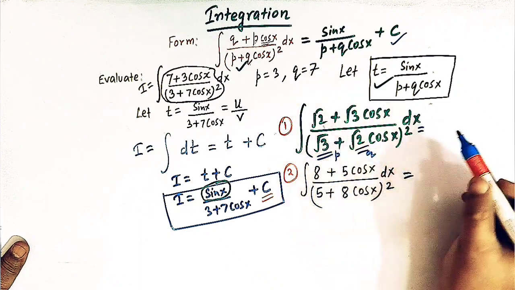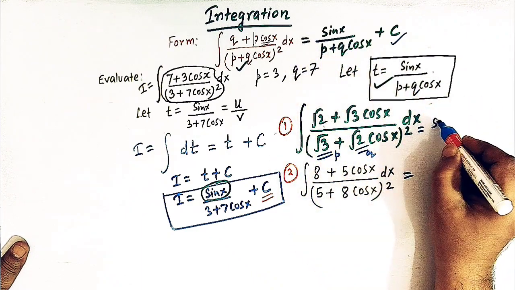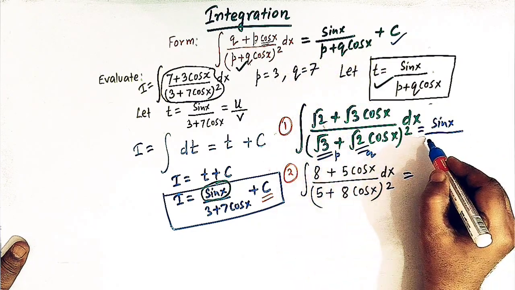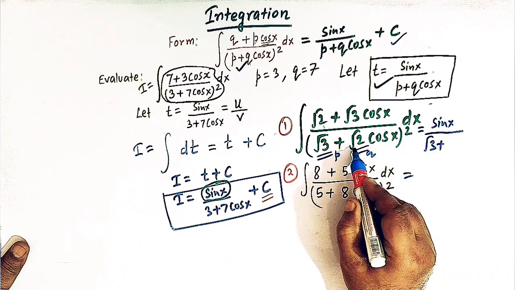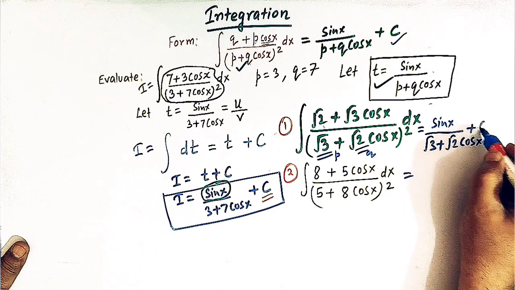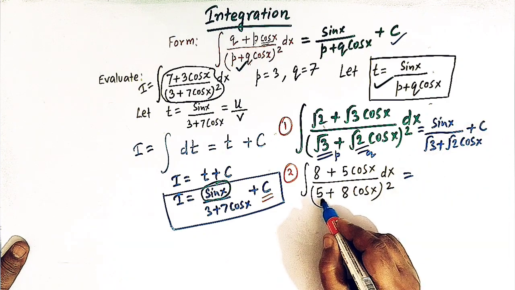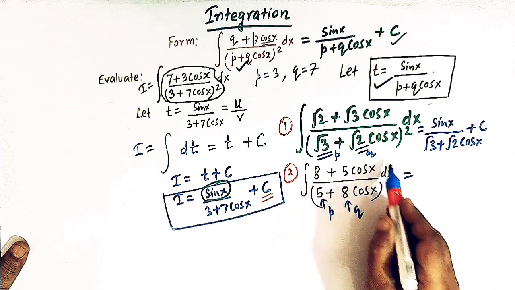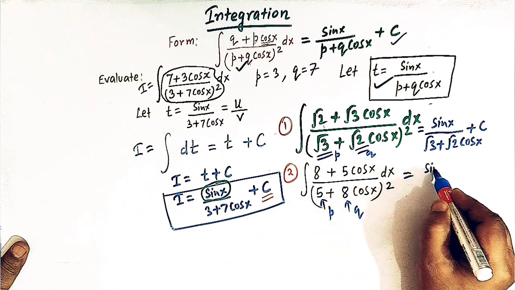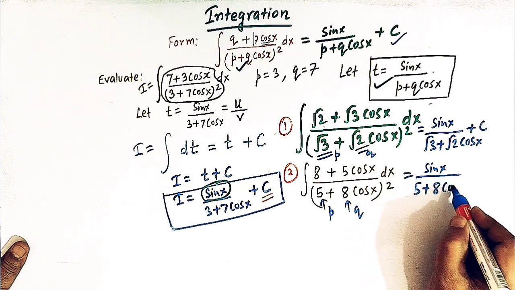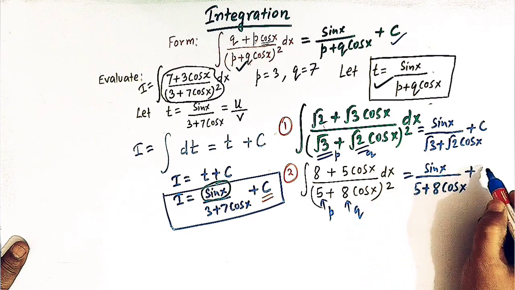So the value of this integral is sine x divided by p plus q cos x, that is, square root of 3 plus root 2 cos x, plus c. And in this case, the value of p is 5, the value of q is 8. So the direct value of this integral is sine x over 5 plus 8 cos x plus c.